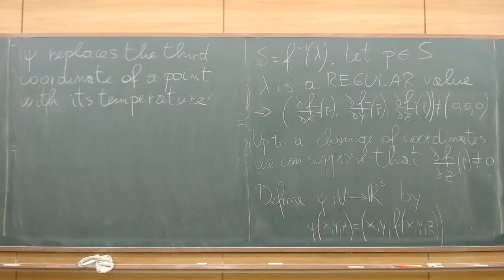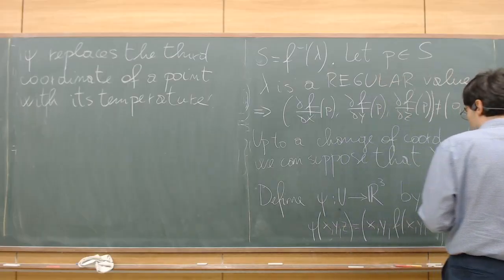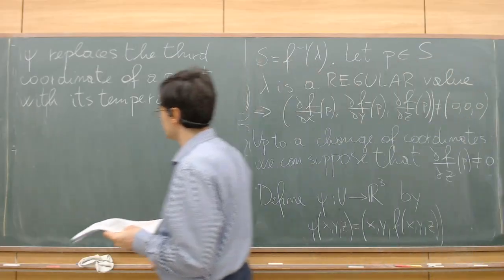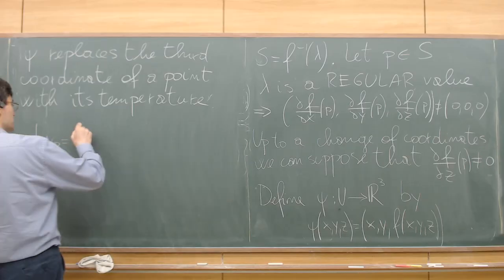Now let's try to compute the Jacobian matrix of psi. D psi at P is easy to compute.